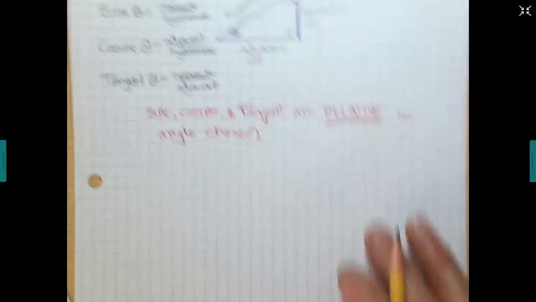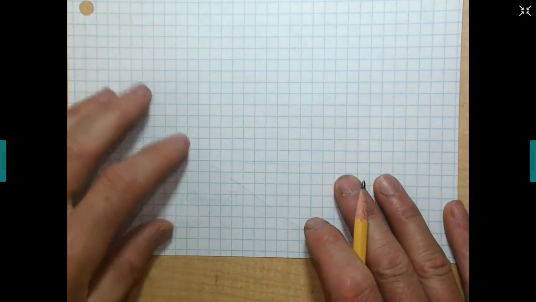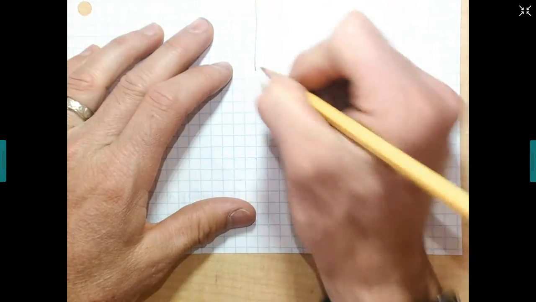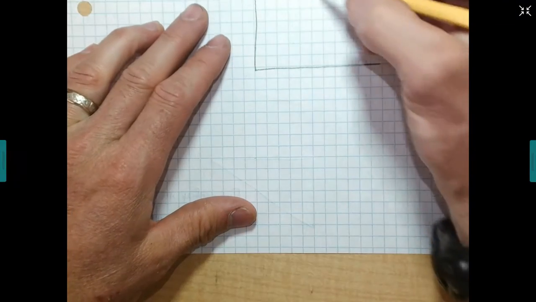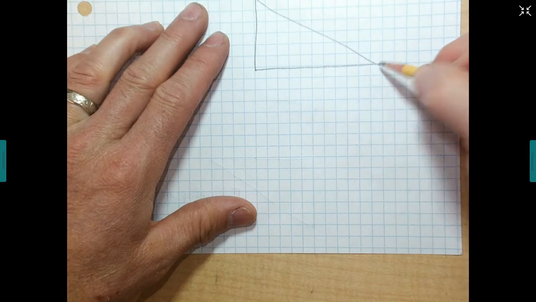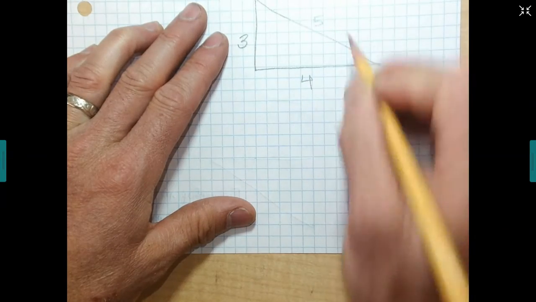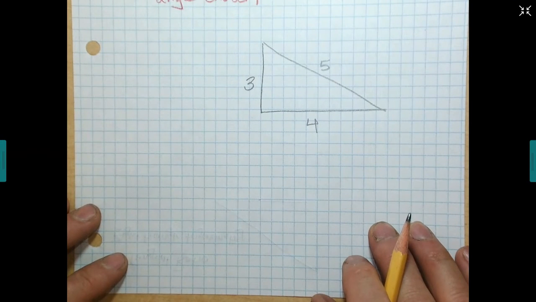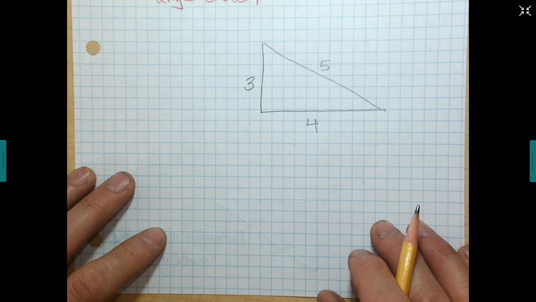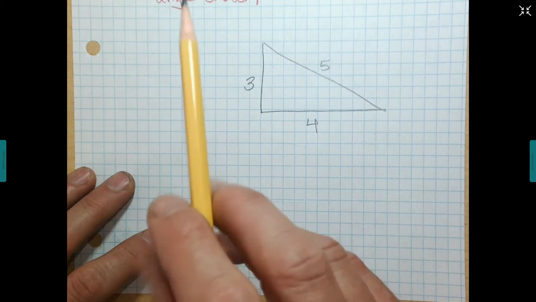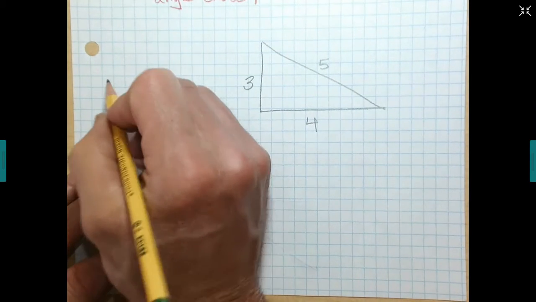Let's do this triangle right here, and let's say we have sides 3, 4, and 5.